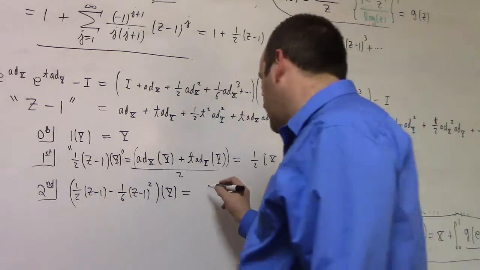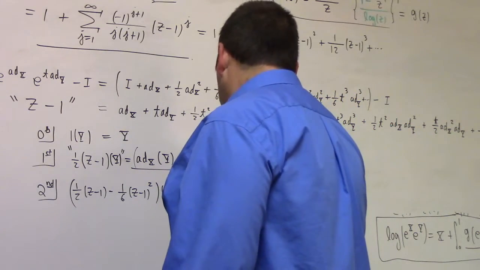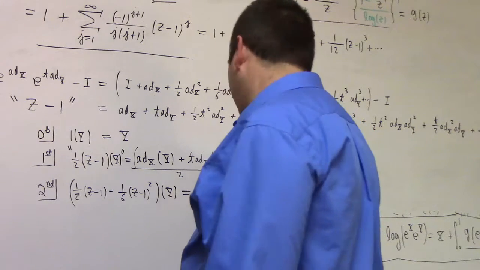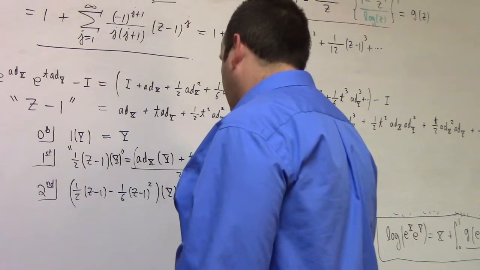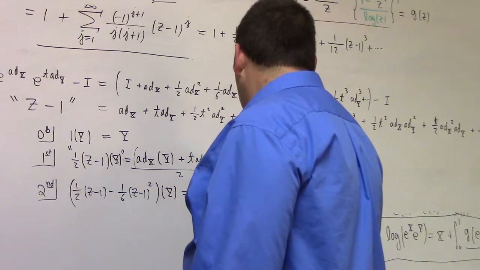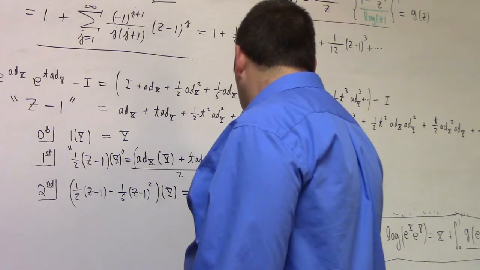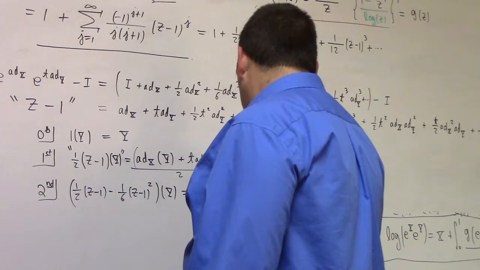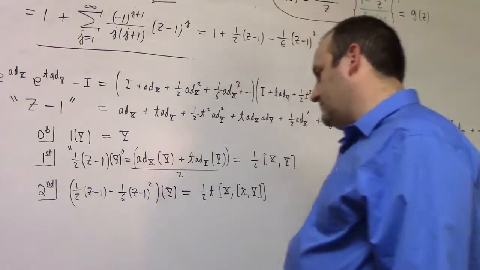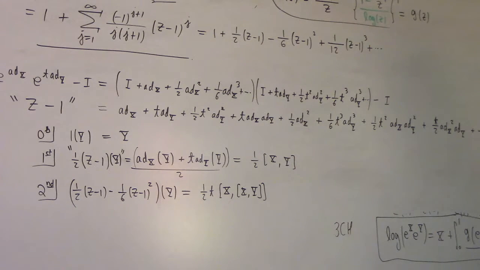So 1/2 t ad x y. Where did the t come from?